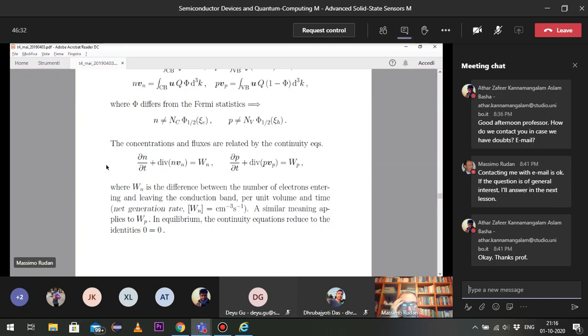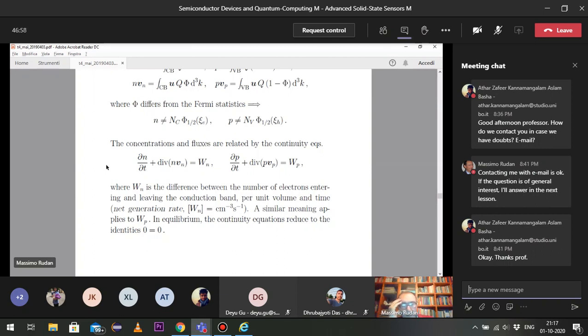So if Wn at the right-hand side were zero, which is not, but assume that it is zero, the continuity equation would tell you that the variation in time of the number of electrons in the volume equals the flux, with the minus sign, of the electrons crossing the boundary, okay?